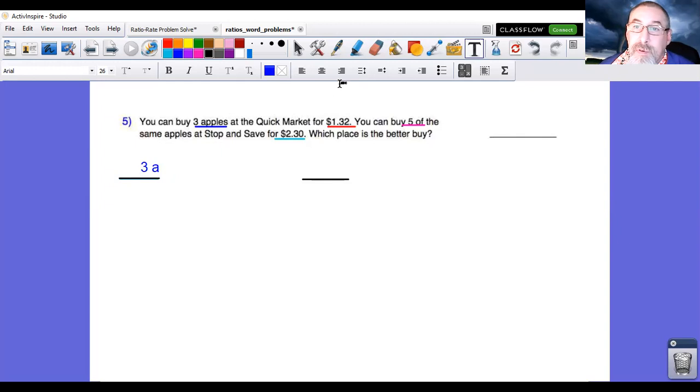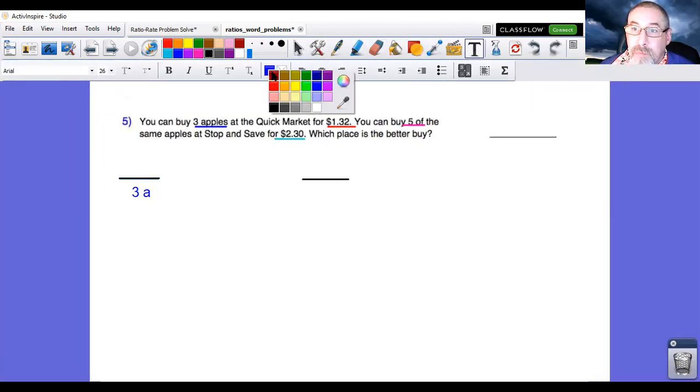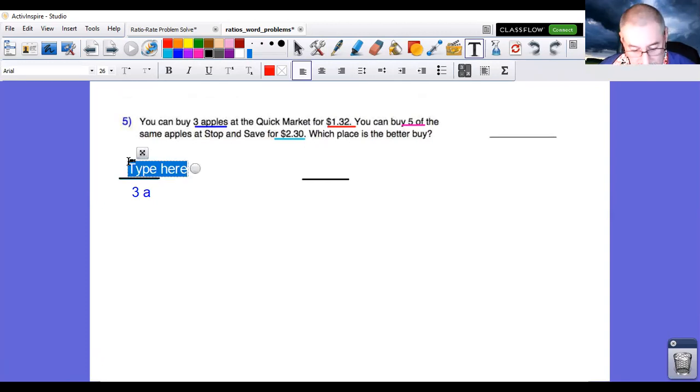Apples goes $1.32. Remember, our money goes on top.